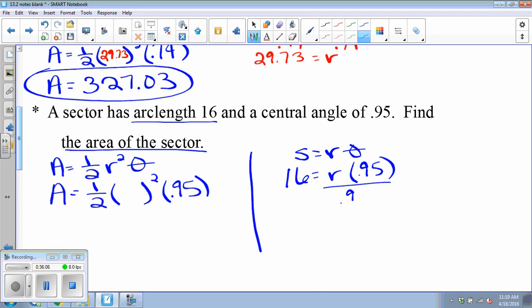Divide both sides by 0.95. 16 divided by 0.95 is 16.84. So I take 16.84 and I fill that in, and now I multiply. 0.5 times 16.84 squared times 0.95, and I get 134.70.